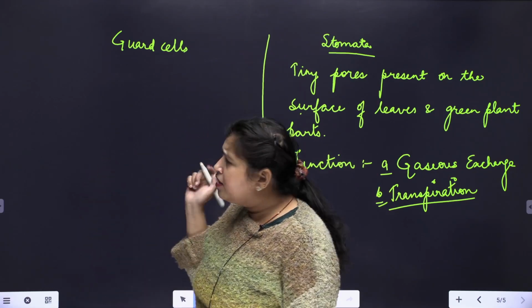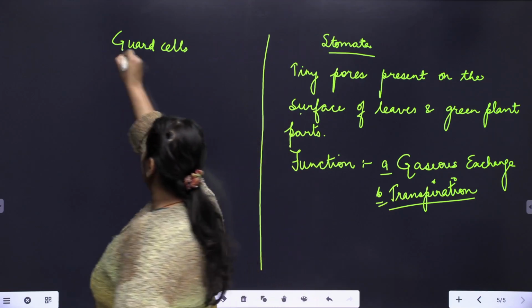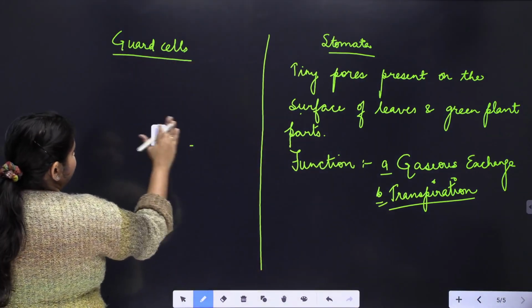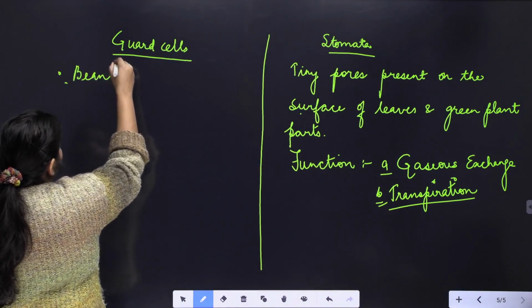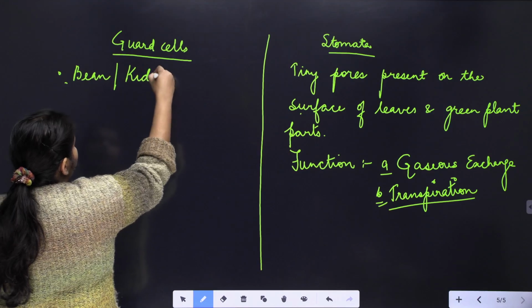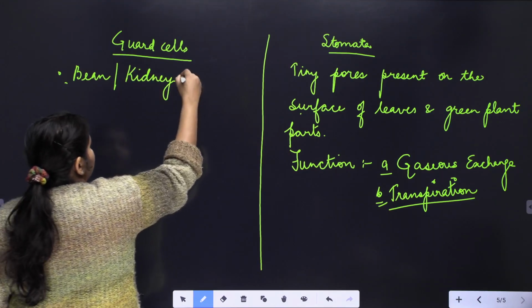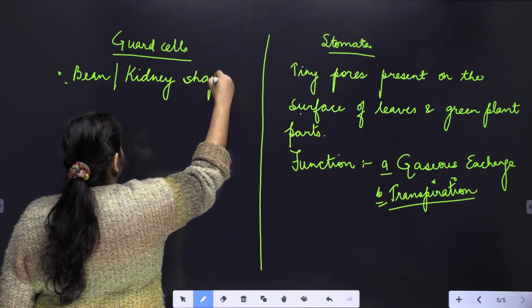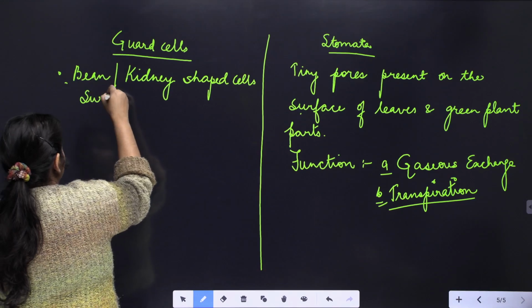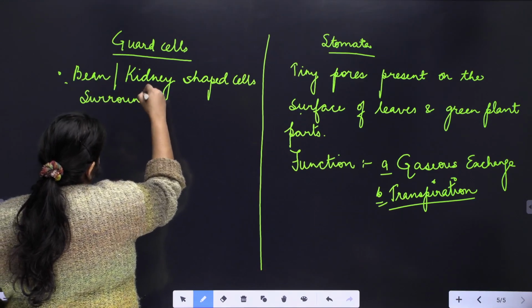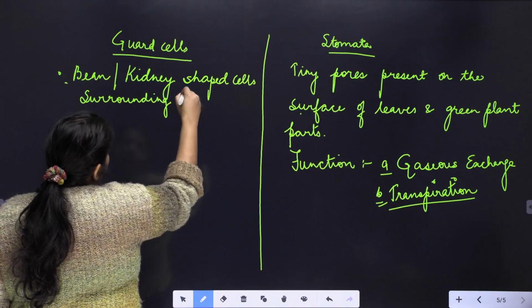Now, what is the role of guard cells then? Guard cells, if I have to define, are bean or kidney shaped cells surrounding the stomata.